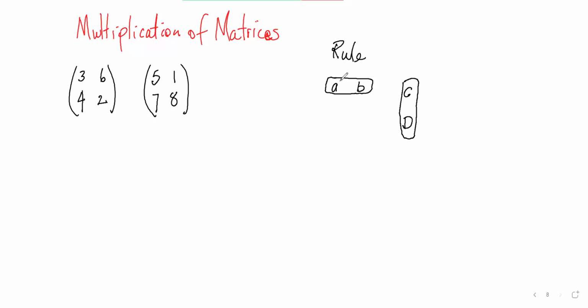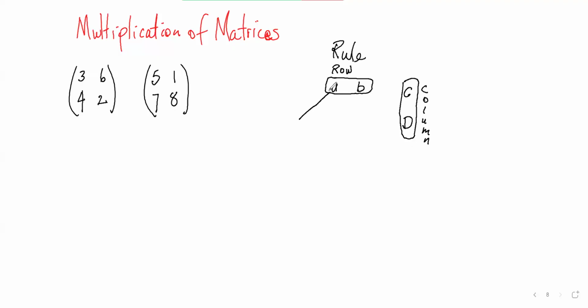So we are doing row by column. What's the first element in the first row?